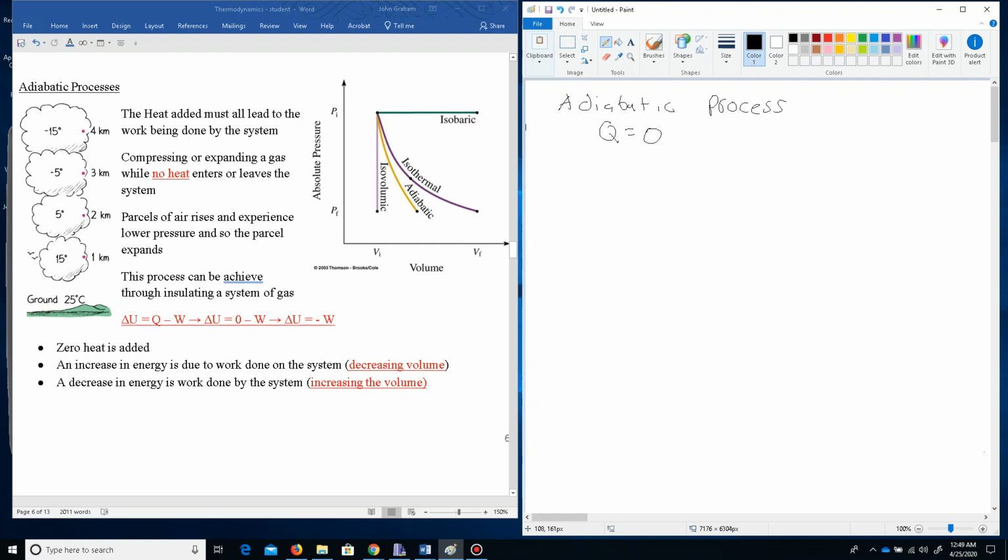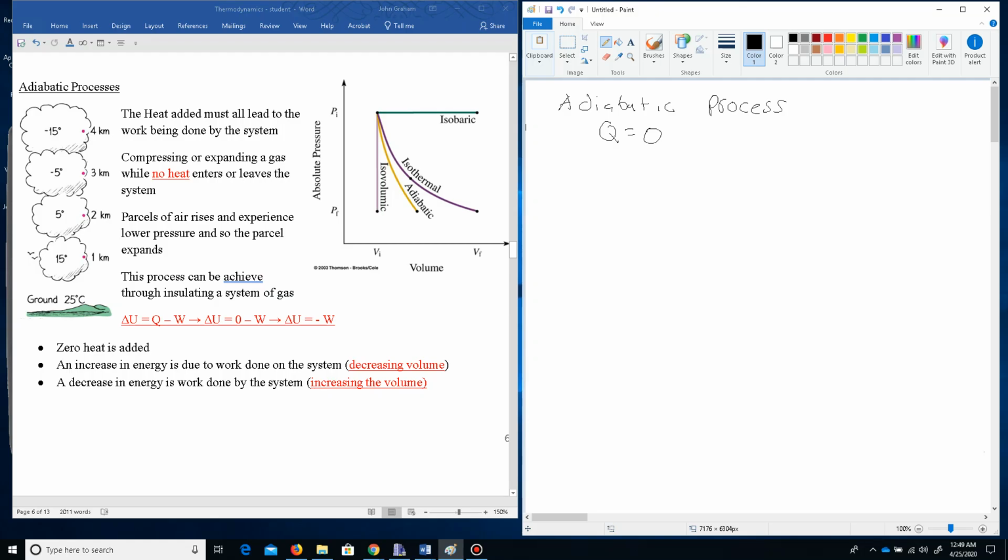If energy is added, it must all go to work done by the system. So compressing or expanding a gas happens, and no heat enters or leaves the system.